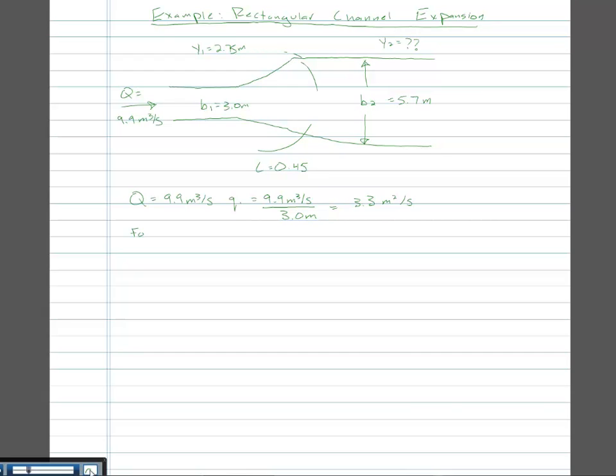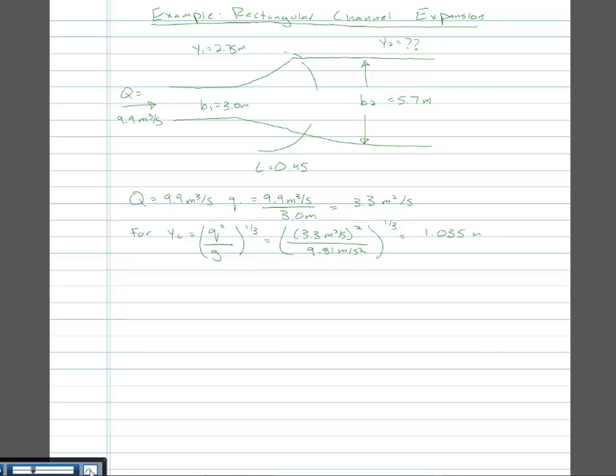And we know that for a rectangular channel, the critical depth can be found by squaring the flow per unit width divided by g to the 1/3 power. And so that is 3.3 meters squared per second squared divided by 9.81 meters per second squared to the 1/3 power. If we put that into a calculator, we'll find that the critical depth at section 1 is 1.035 meters.